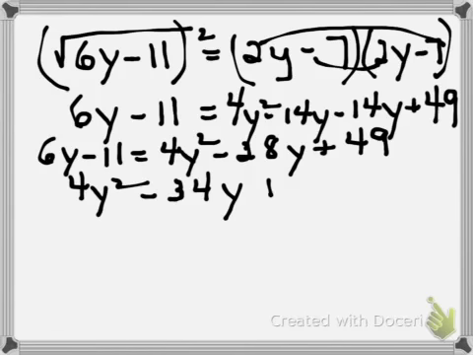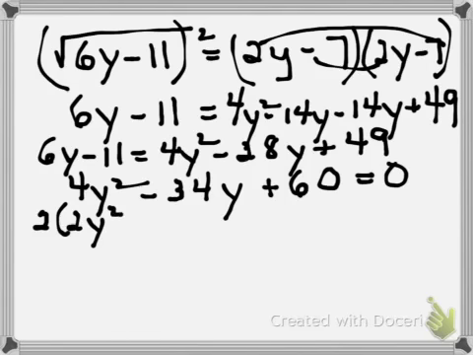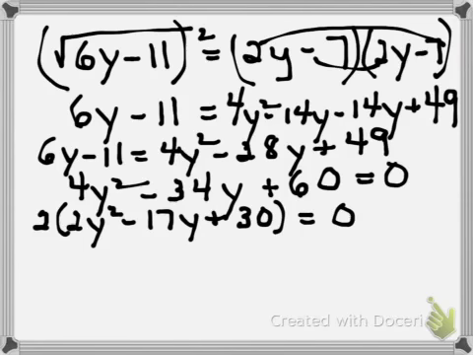So we're getting plus 60 equals 0. So I subtracted 6y and I added 11 to each side. I see a greatest common factor here of 2. So I want to factor that out. 2y squared minus 17y plus 30 equals 0.